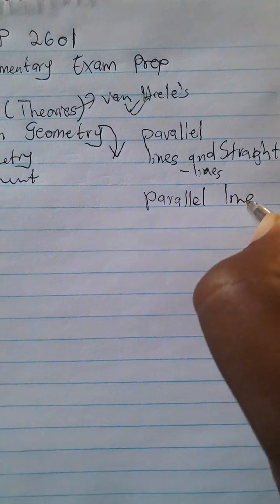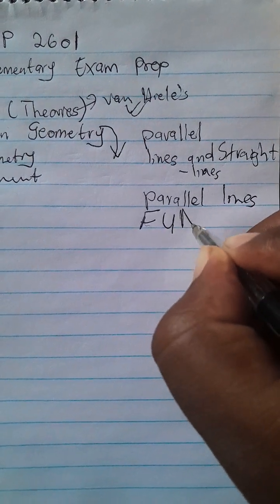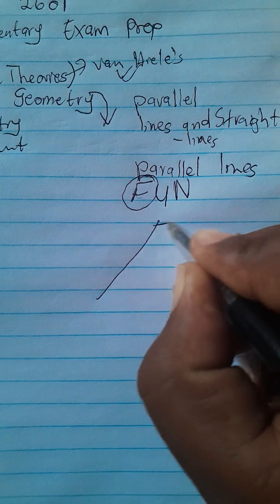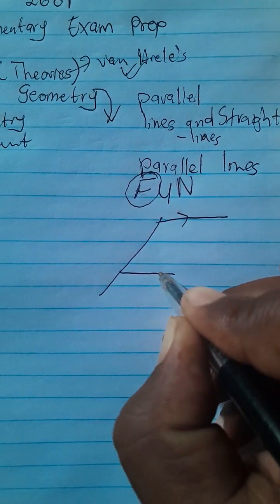In terms of parallel lines, they will ask you about this part. I call it the FAN method. First, they will ask you about F, which stands for corresponding angles. So sometimes they will draw a diagram, and you will see maybe there are parallel lines here.